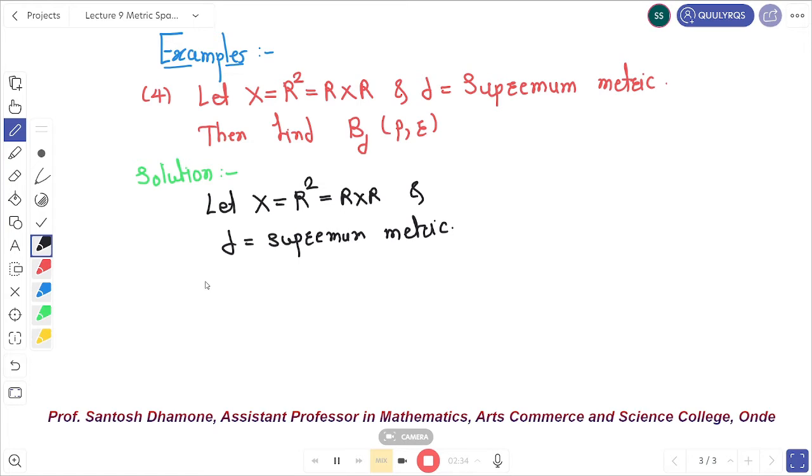Therefore, for x, y belonging to capital X, which is R2, the distance between x and y, this supremum metric defined on R2, is equal to the maximum of the set modulus of x1 minus y1 and modulus of x2 minus y2.